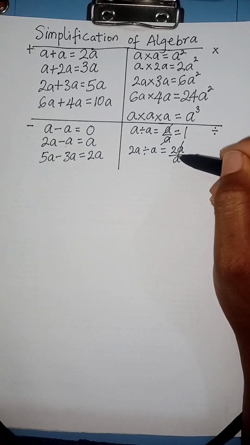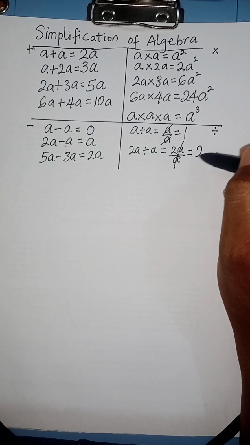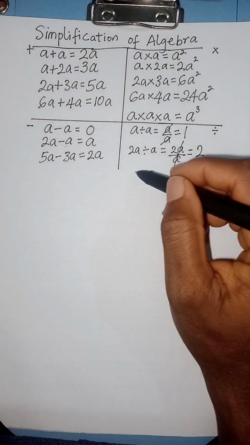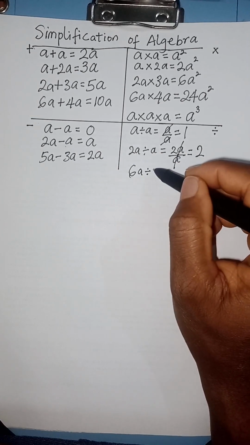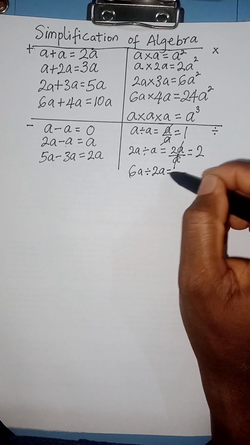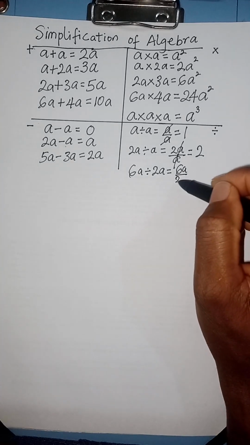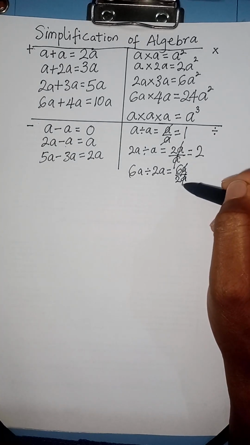This a can cancel out this a, and I'll be left with 2. The same process if I have 6a divide 2a. This is the same thing as 6a over 2a. Now this a will cancel this a.